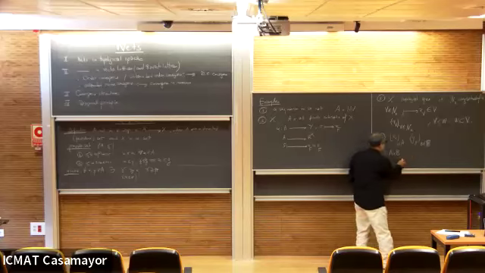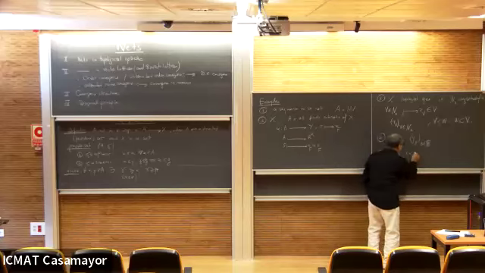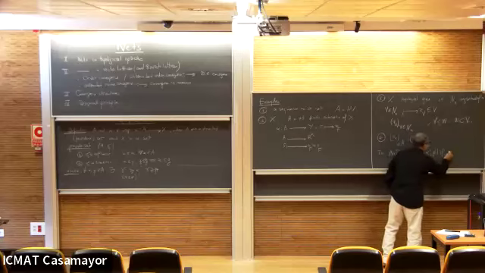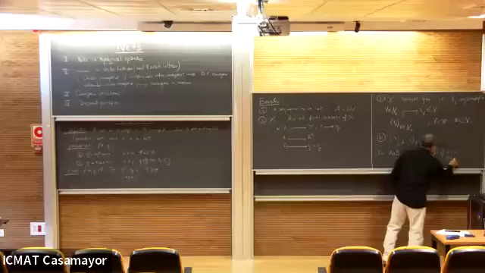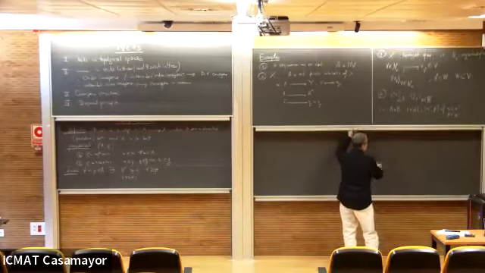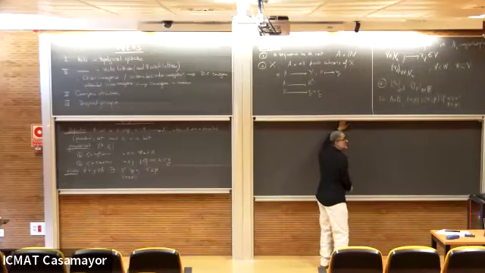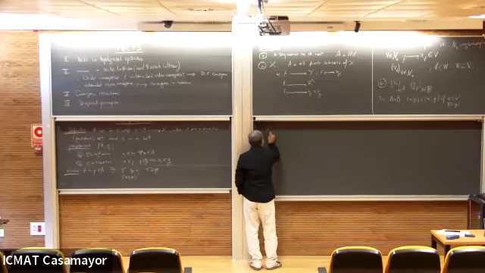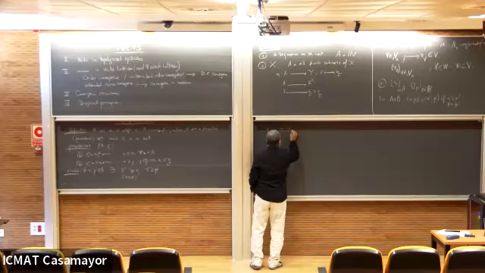So in this set, we write that (alpha, beta) is less or equal than (alpha prime, beta prime) if alpha is less or equal than alpha prime and beta is less or equal than beta prime. And then we can define new nets indexed by (alpha, beta), simply x_(alpha, beta) equal to x_alpha.